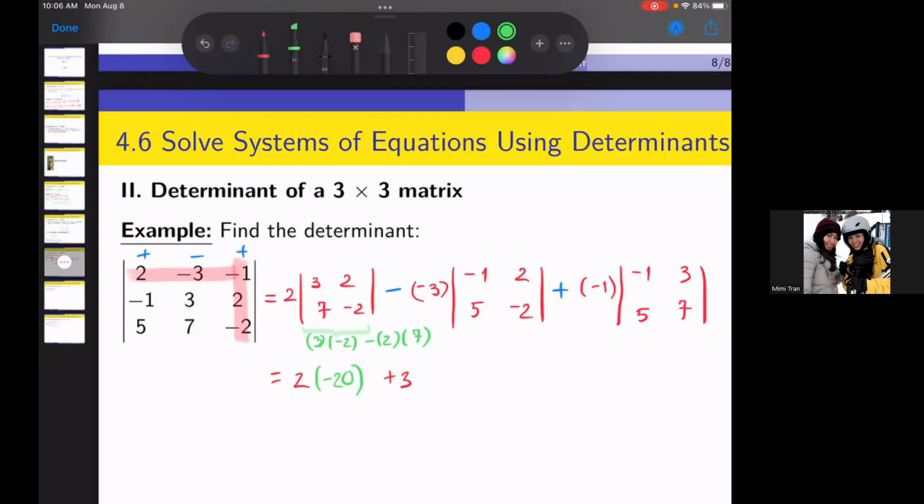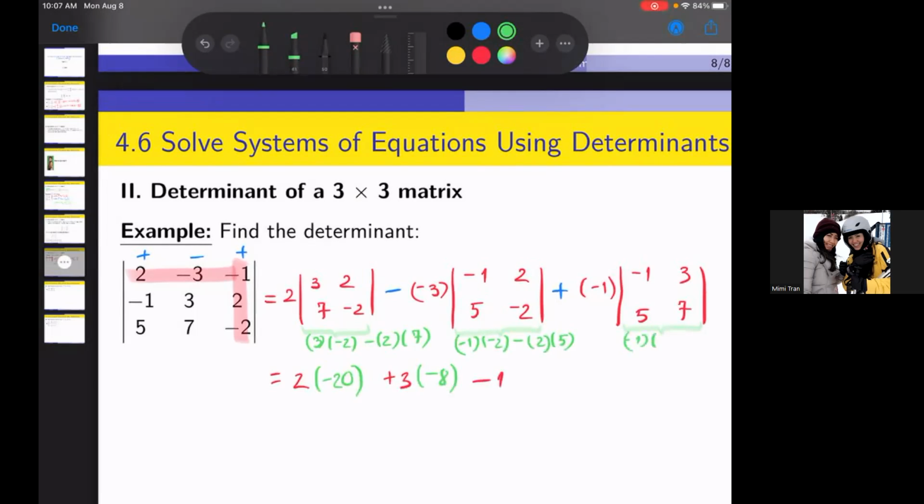All right, and then you do the same thing here. Negative 1 times negative 2 minus 2 times 5. So 2 minus 10 is minus 8. Well, you can use your calculator. And then minus plus and minus 1, so minus 1. And then you do that.